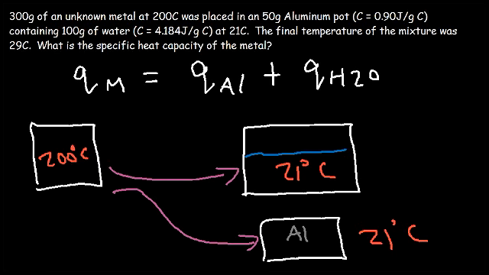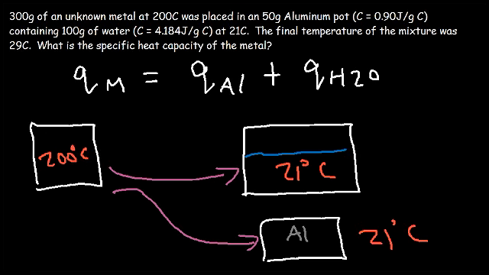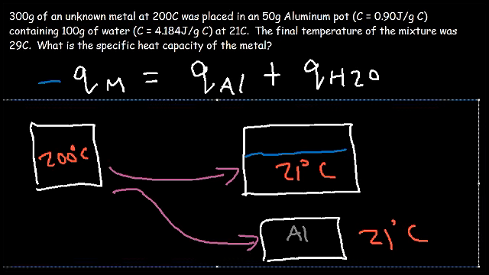So it helps to draw a picture so you could see where the energy is going, which substance is releasing the energy and which one is absorbing it. Once you understand that, then you can write the appropriate equation that's going to help you to solve the problem. Now we need to add a negative somewhere. Let's add it to the left side. And now we can solve this problem.